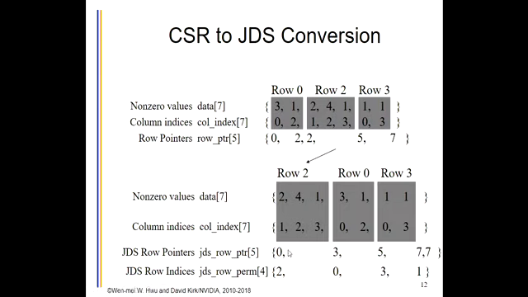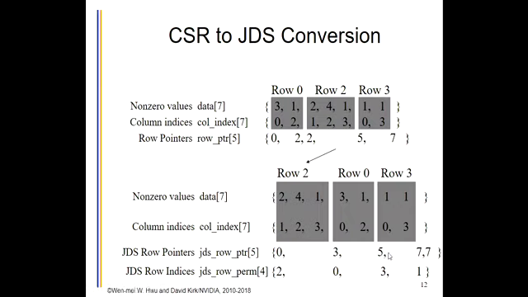That's fine. But then we have two things. One is we're going to need the new values for the row indices, because after the resort, row 1 will be starting at 3 rather than 2, because now we have a longer row as row 0.